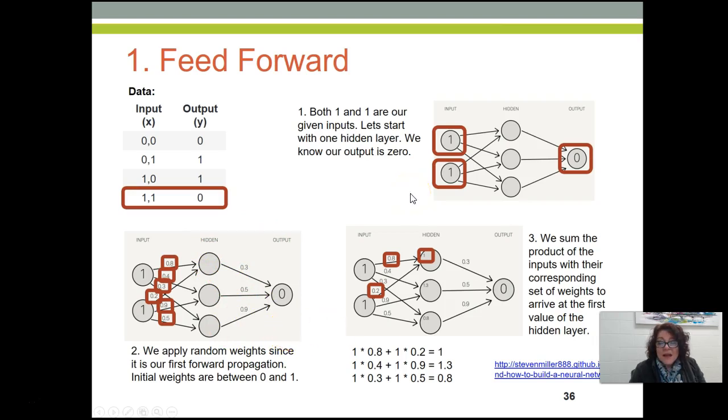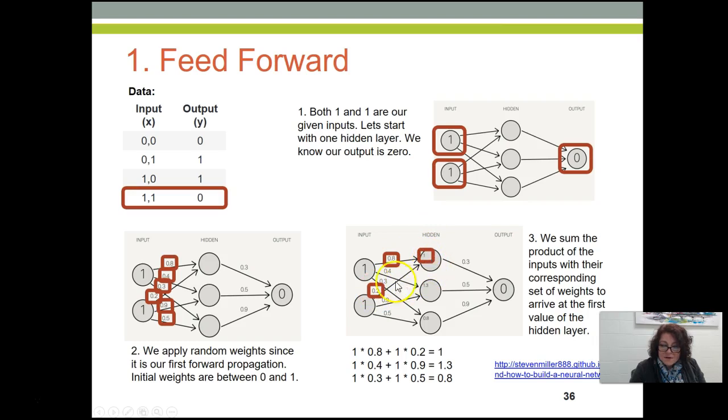So now let's do the math. For our first neuron here, we are multiplying 1 times 0.8 and 1 times 0.2, which gives us in sum 0.8 plus 0.2, that is 1.